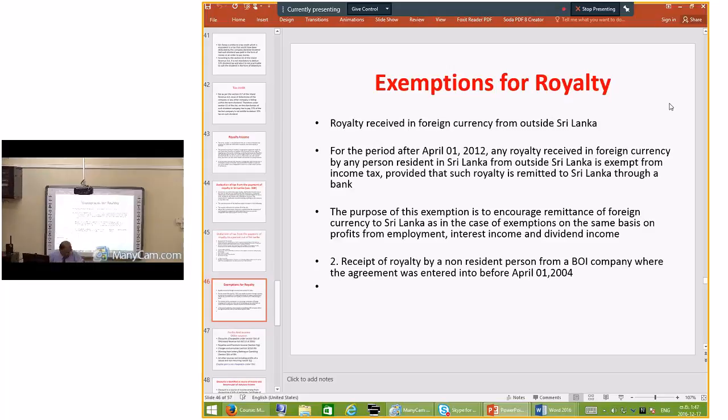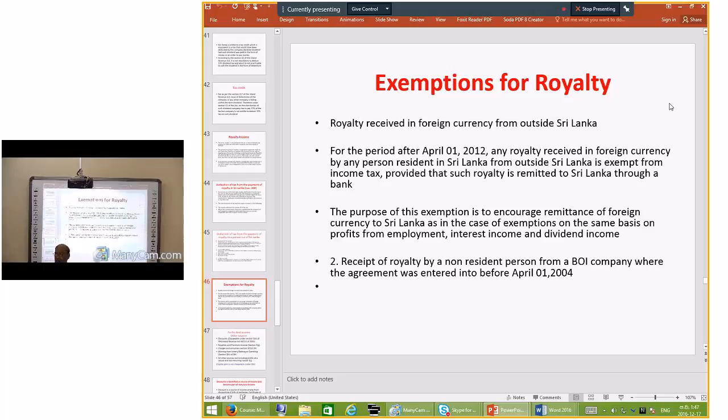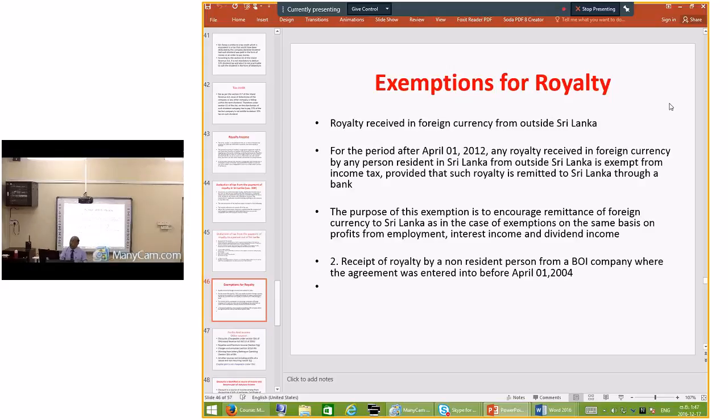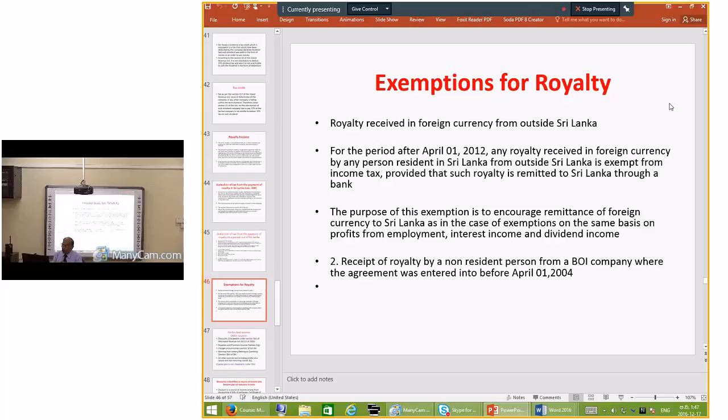The income shall, subject to the provisions of this act, be charged at the appropriate rate specified in the first, second, third, fourth and fifth schedules to this act for every year of assessment commencing on or after April 2006, in respect of the profits and income of every person of that year of assessment. So if royalty is exempted from taxes under some section, it does not become subject to taxes. Why?